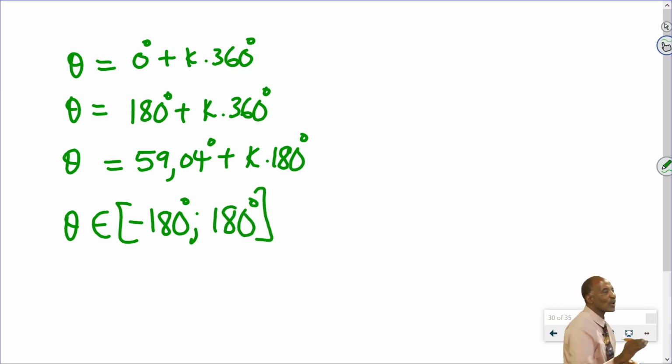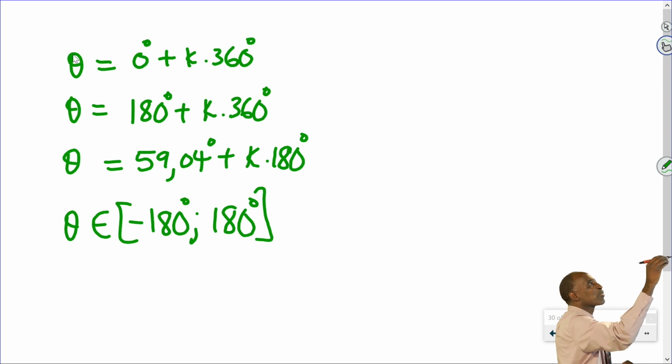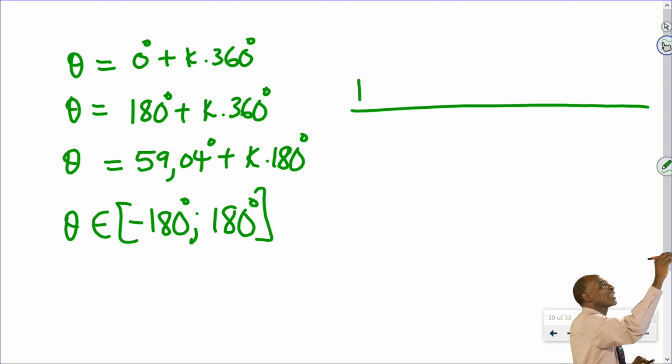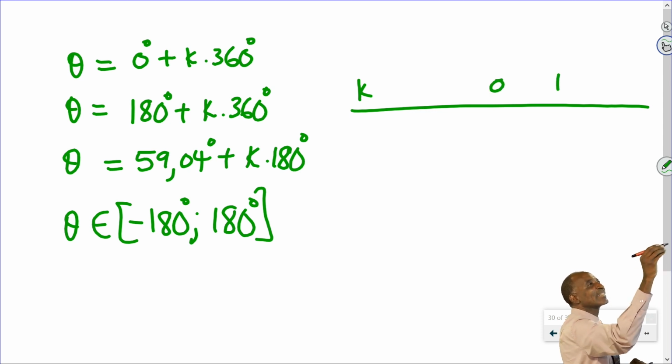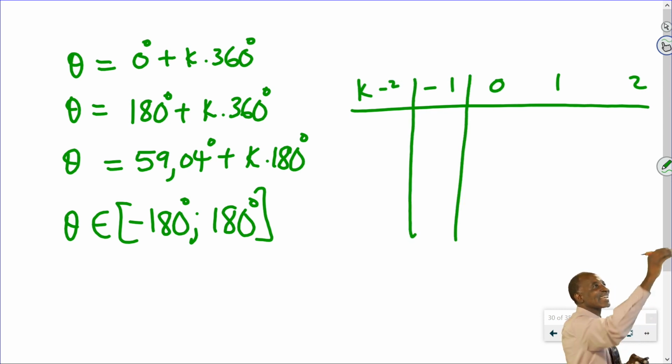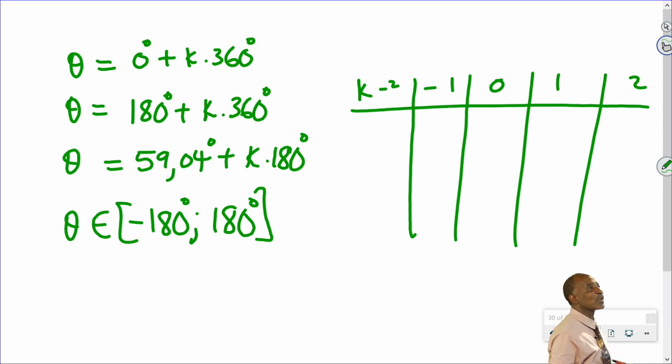you'll have to use your k now. Suppose I put my values of k here. This is going to be k values 0, 1, 2, minus 1, minus 2. I want to search the answers. What happens? Are they within the interval? When k is 0, we normally prefer to start with 0.